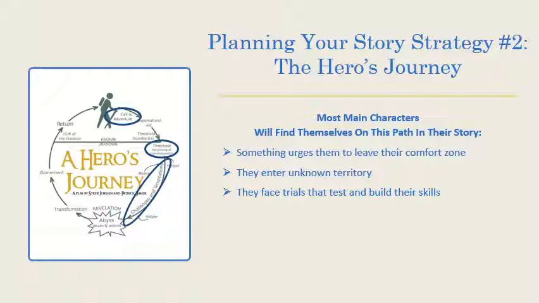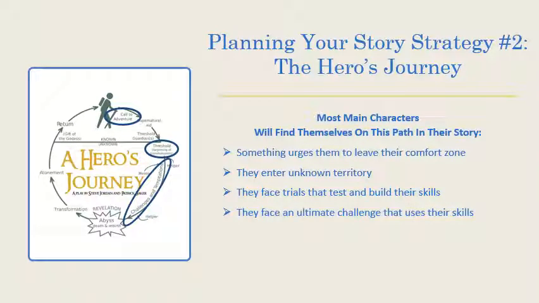Once they've done that, so once they've learned something, once they've acquired some kind of new skill, or they've overcome some temptation, they've met a new person, they've acquired a new object, something happens to them that they didn't have before.